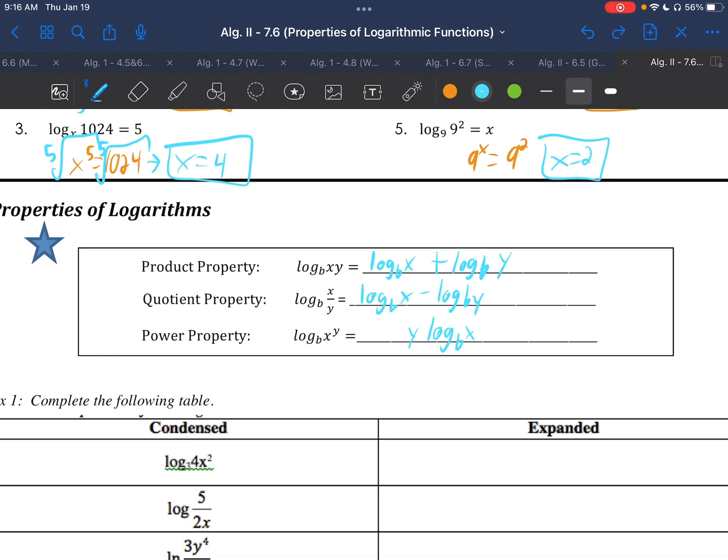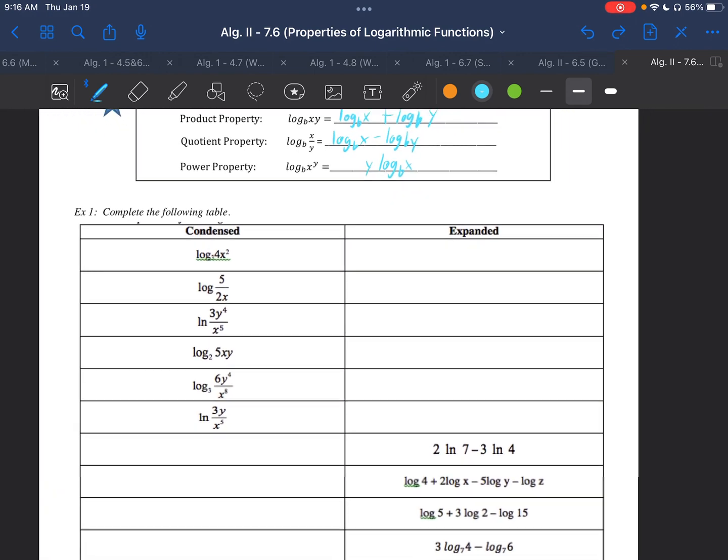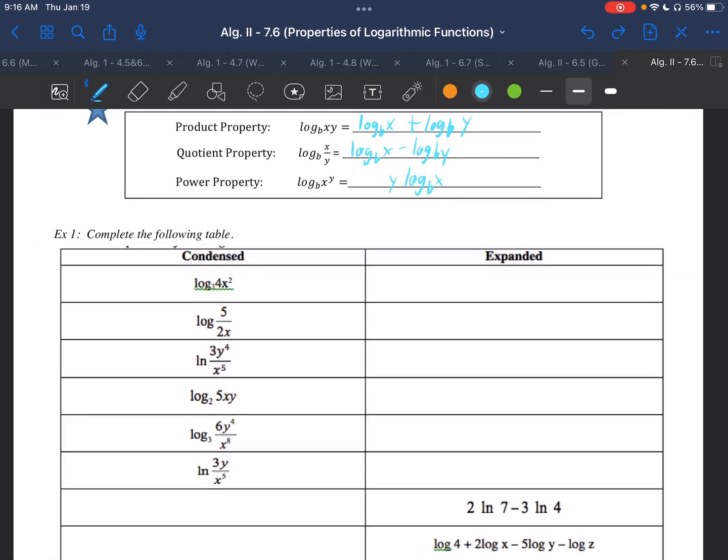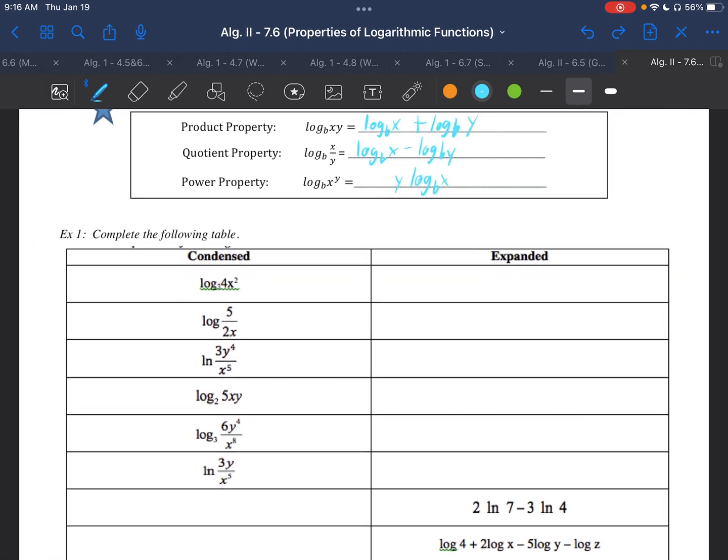Now we're actually going to use these properties here in this table to expand these logs. So a condensed version of the log on the left, log base 3 of 4x squared. How we would expand that is we'd say, okay, since 4 and x squared are multiplying, we're going to say log base 3 of 4 plus log base 3 of x squared.